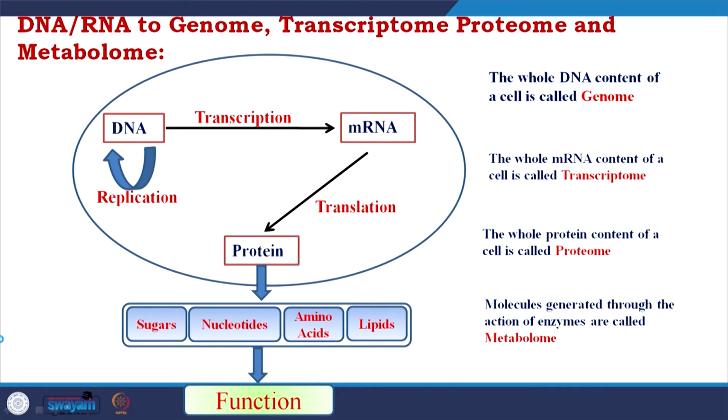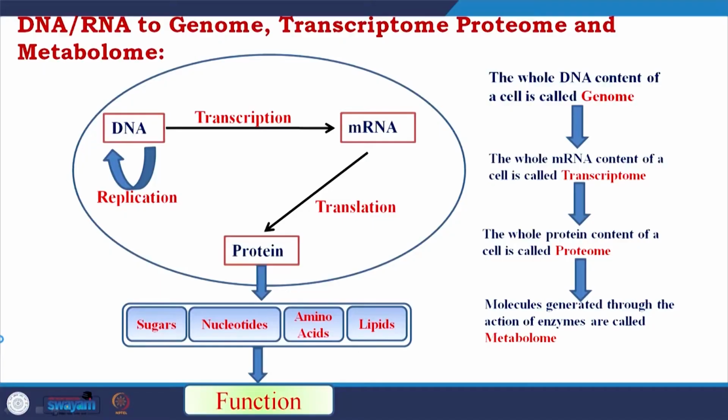So you see, DNA replicates to form DNA, DNA through transcription makes mRNA, mRNA through translation makes protein, and protein does the function, generating the metabolites. They are connected, and the connection starts from the DNA, from the genome. From the genome we get the transcriptome, the proteome, and the metabolome.